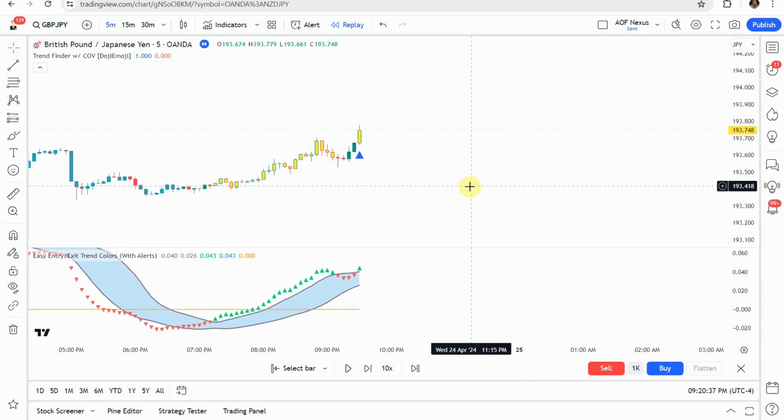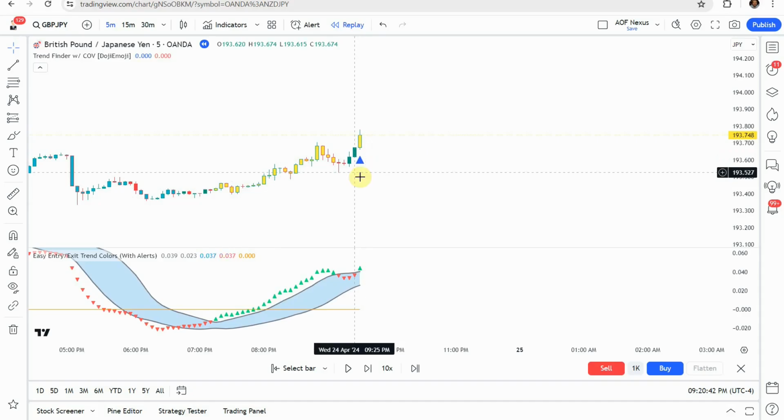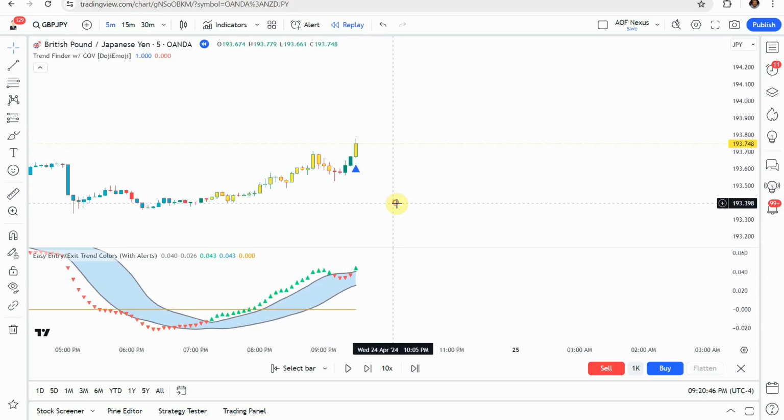So what we're looking for in a long trade is the blue arrow from the trend finder indicator. Once we get that blue arrow, we're going to look down to the easy entry exit indicator.